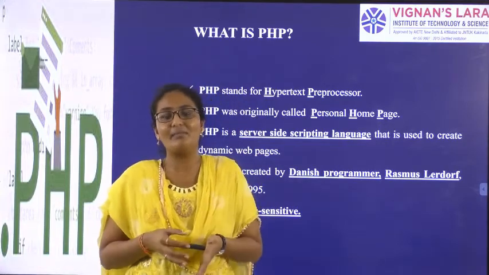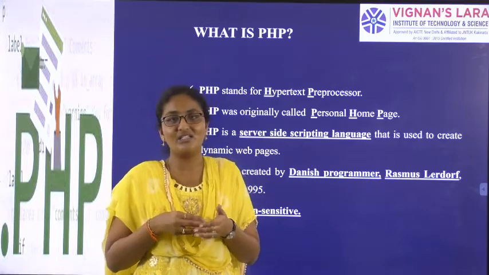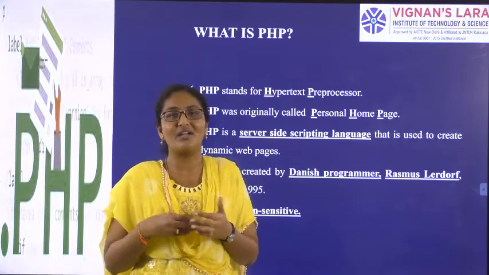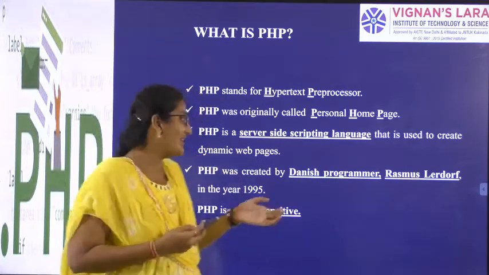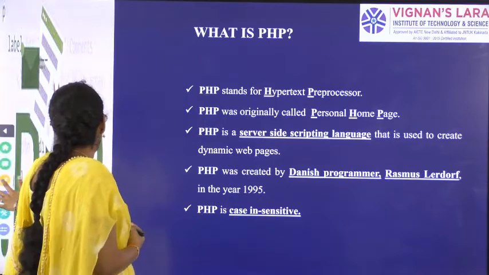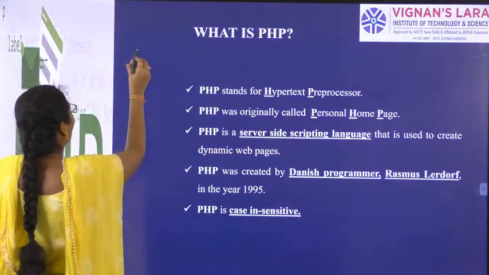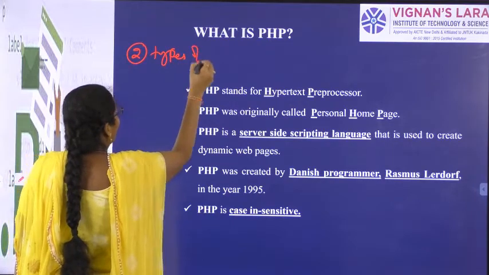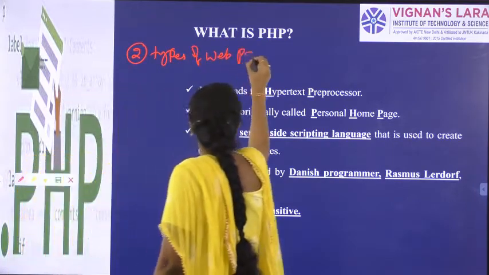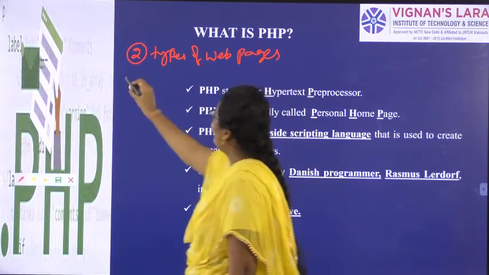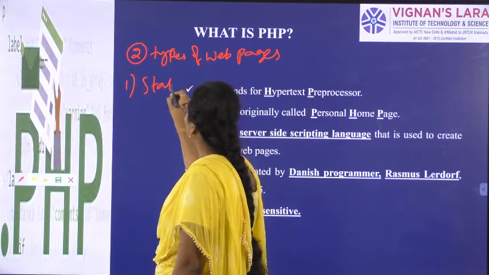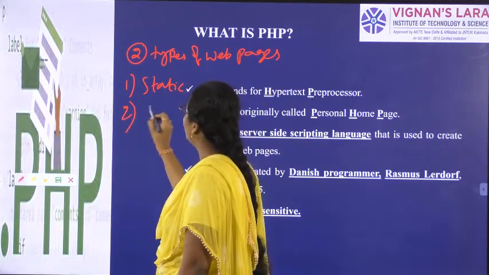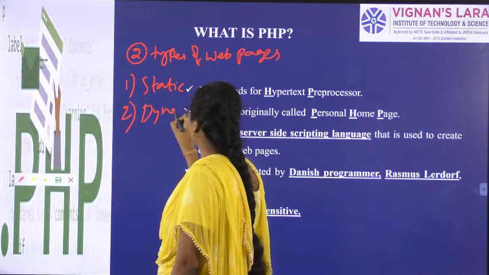So first we have started HTML. Actually what is about Web Technologies? We are using HTML, we are using CSS for generating static web pages. As I told you in the beginning of this subject, we have two types of web pages. So we can create static web page or we can also create dynamic web page.